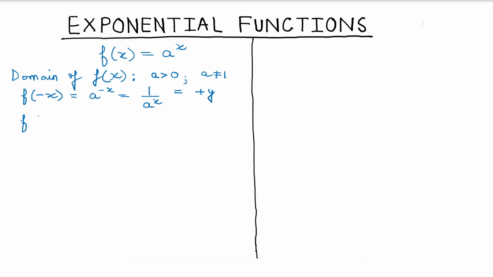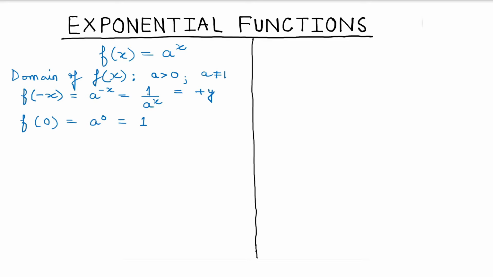Analogously, if I want to calculate f of 0, this will be nothing but a to the power 0. Now a to the power 0, given that a is positive, a non-zero term, is equal to 1.